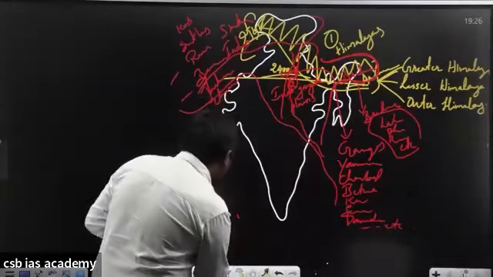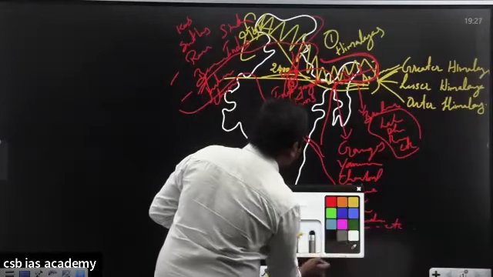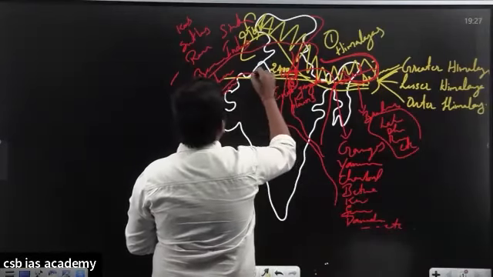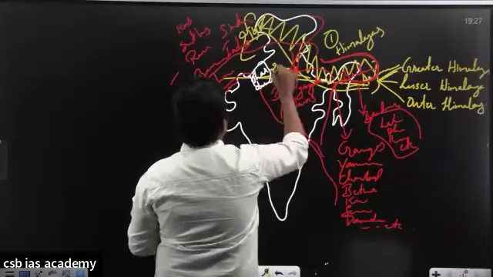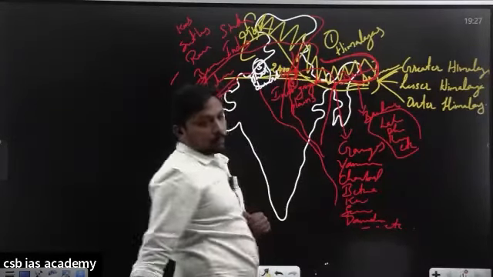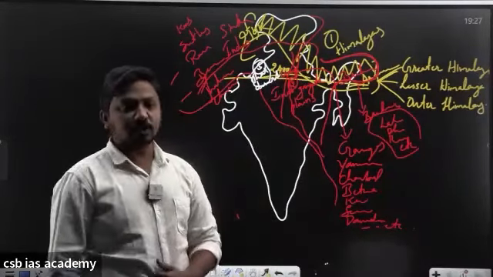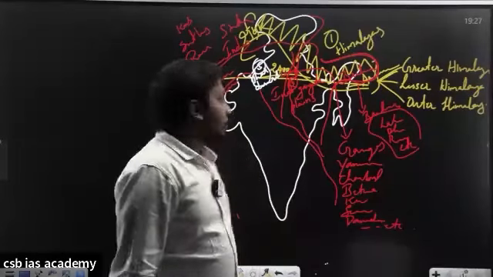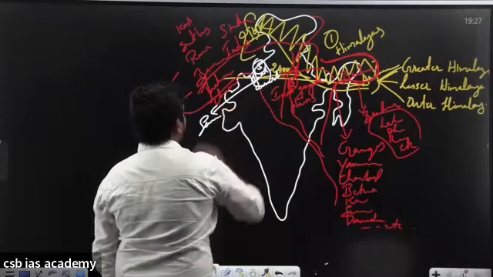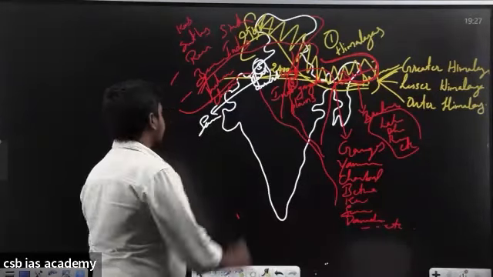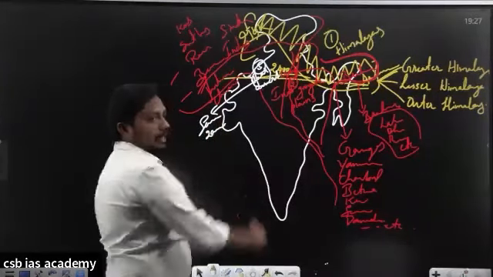And the third most important physiographic division of our country is Thar Desert. This is located in Rajasthan. Most of the Thar Desert is covered by sand, and the rainfall in this particular region is less than 200 millimeters per year.